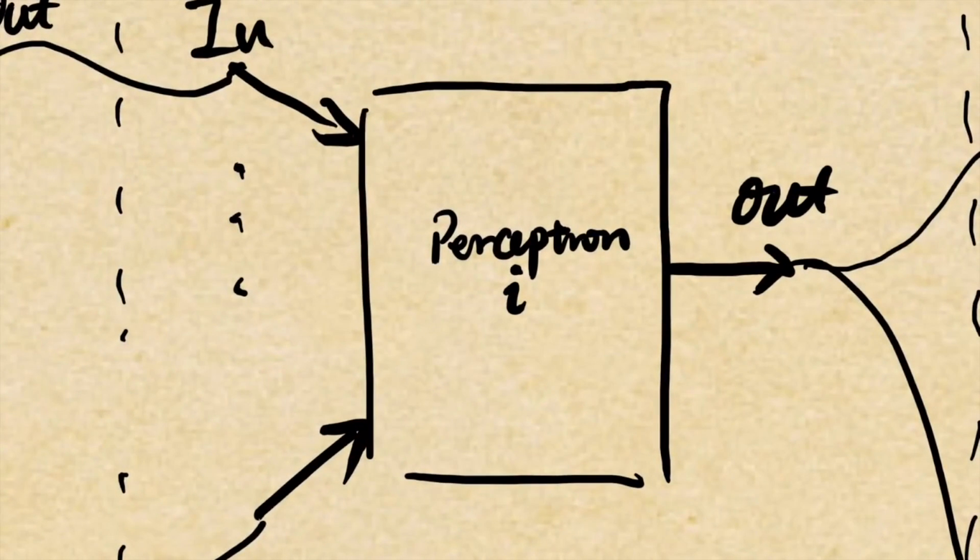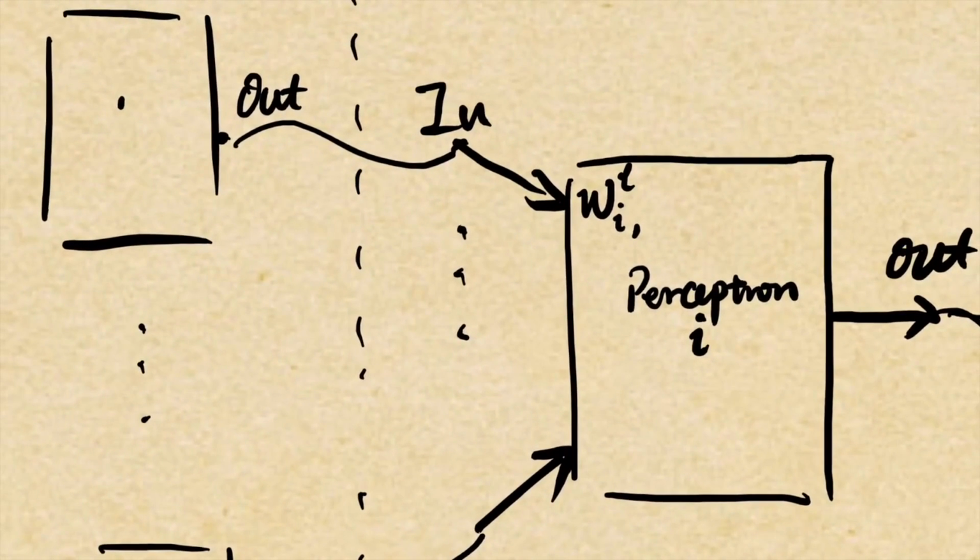Now consider its weights associated with its inputs. Let the weight be W of the ith perceptron of the Lth layer connected to the first perceptron of the previous layer.